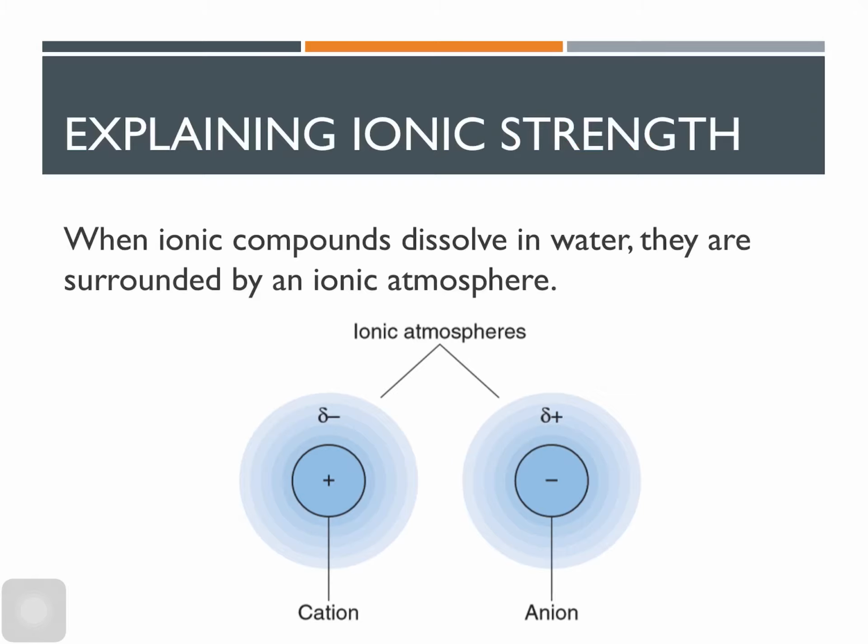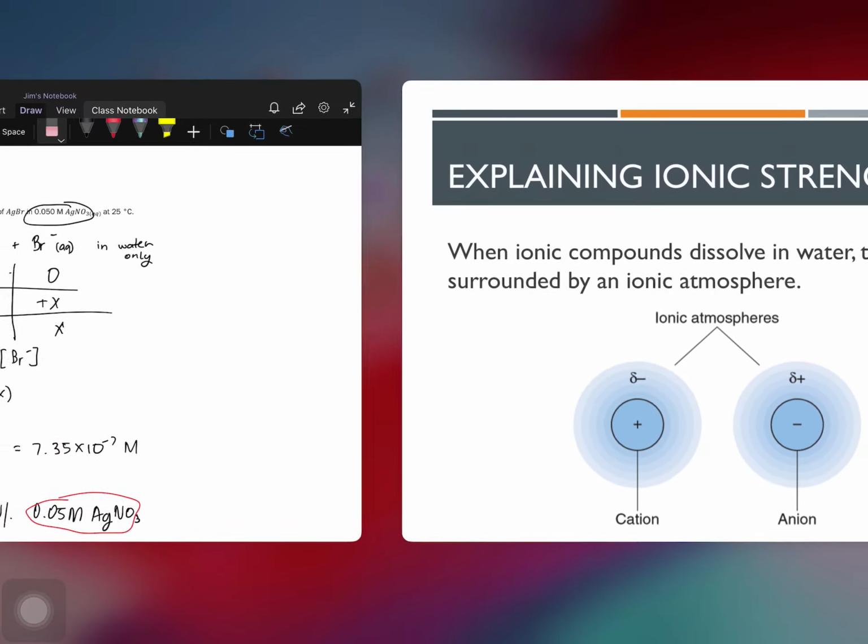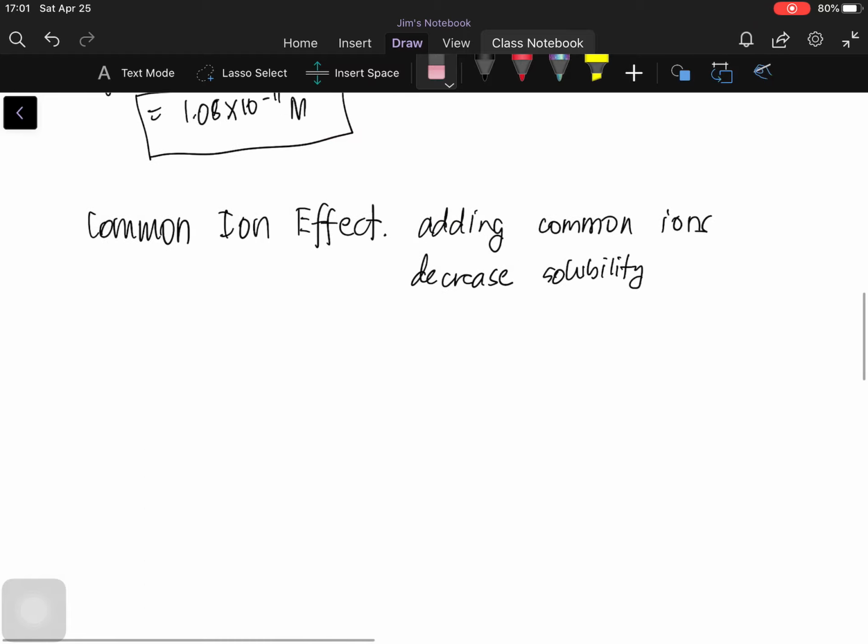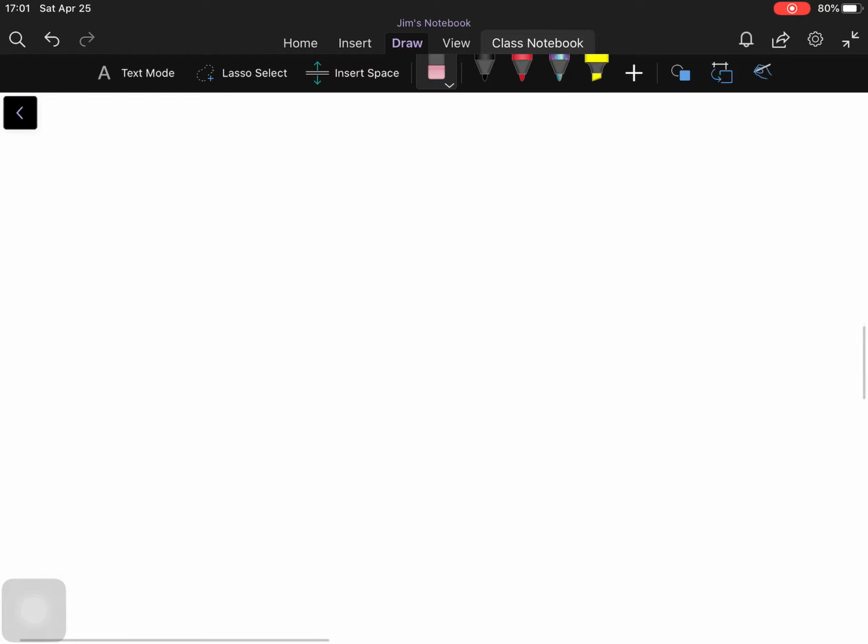So let's explain this. I prefer doing it on a blank paper. So this is the idea. Let's say we have calcium sulfate. Of course, calcium sulfate dissociates into calcium 2 plus ions and sulfate ions.